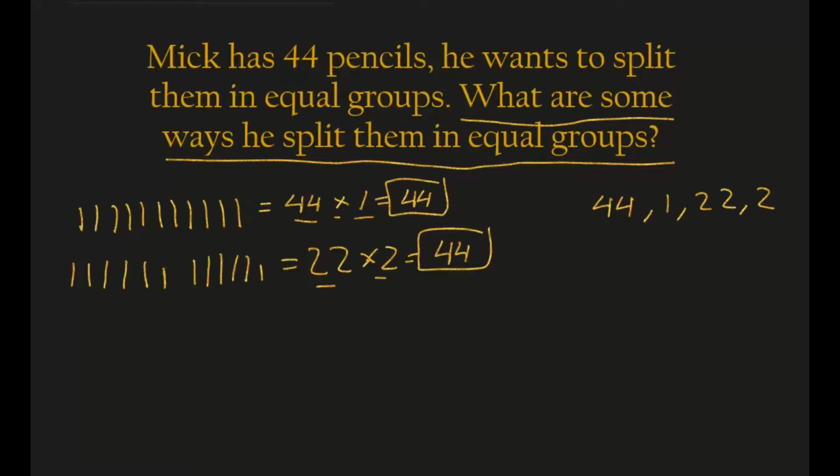So what we're doing now, how about we do 4 groups of 11. So we can do 4, and then 8, and then we get a 2 there, 10, and then a 1.